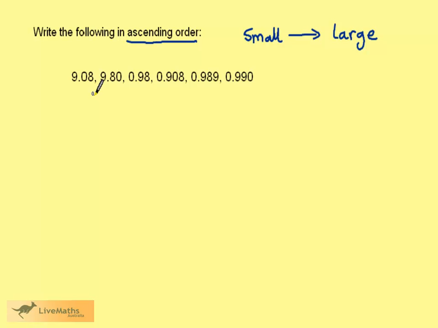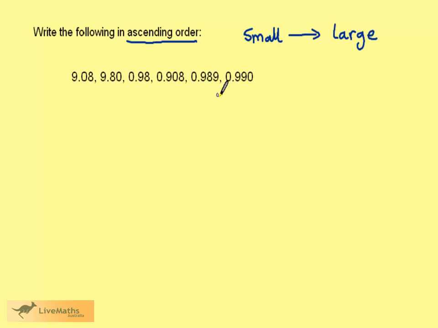So these two numbers are clearly larger than the other four, which all have zeros in the units column. So our smallest number is going to be one of these four.